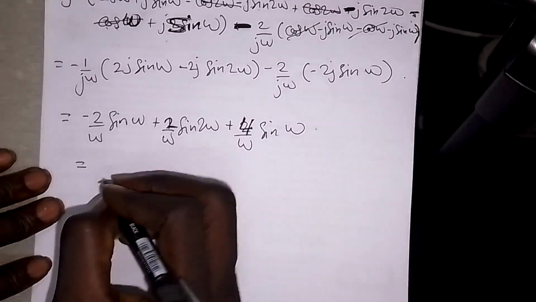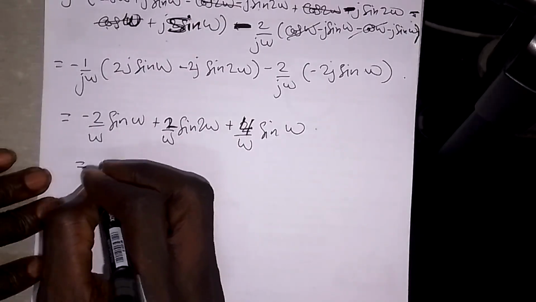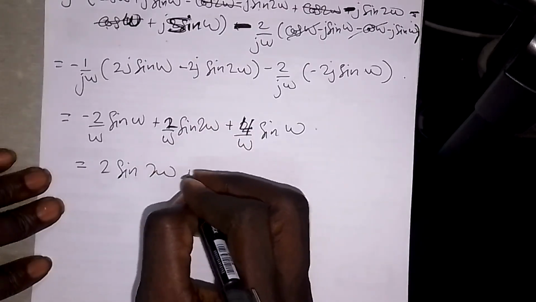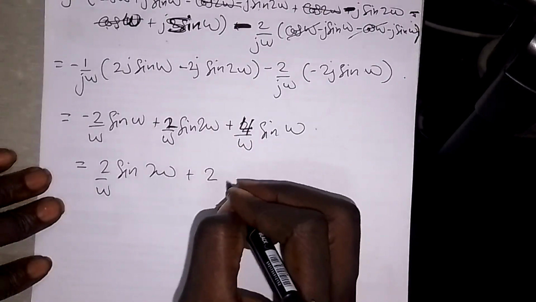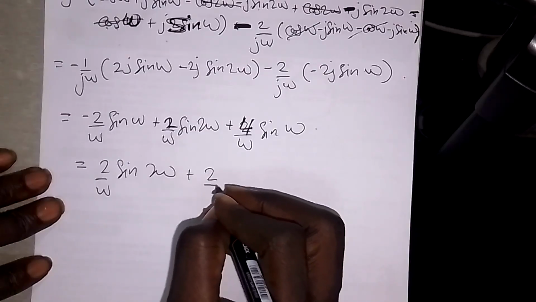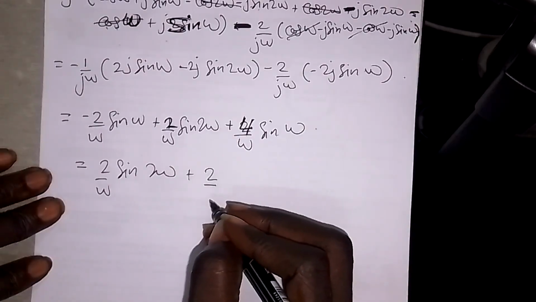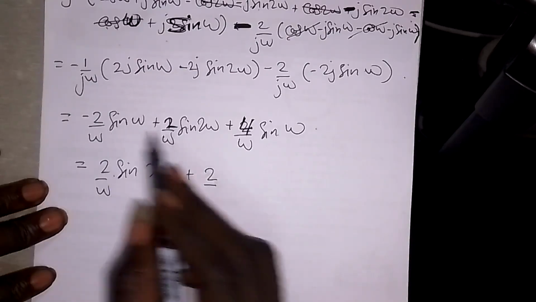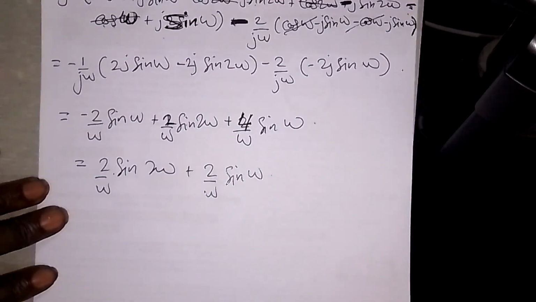So I'm going to have 2 sine 2 omega over omega, and this will also be 2 over omega on sine omega.